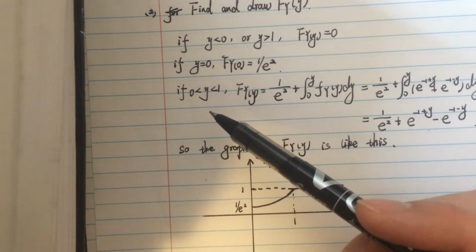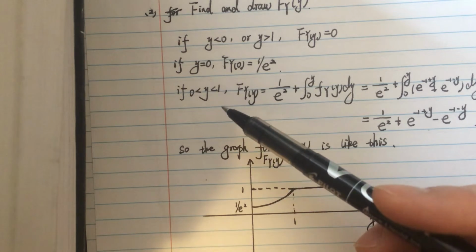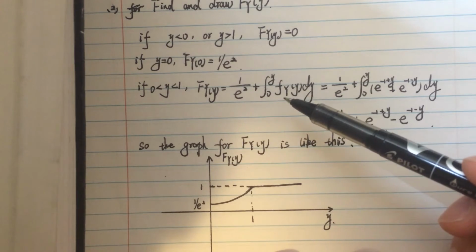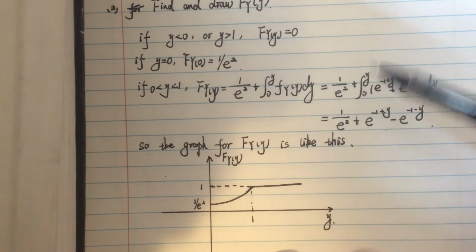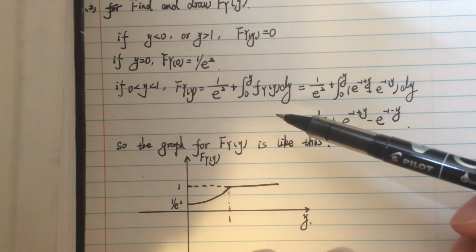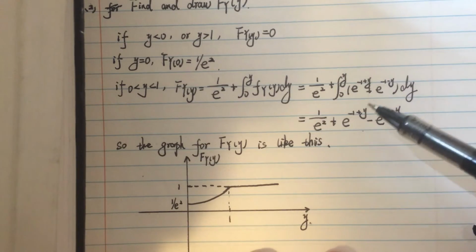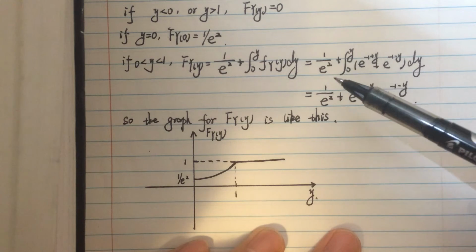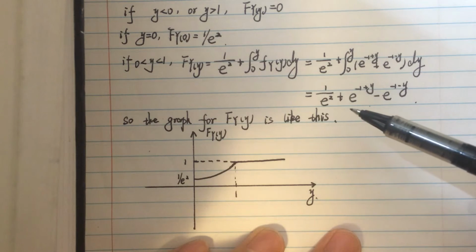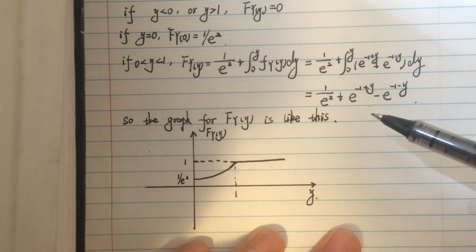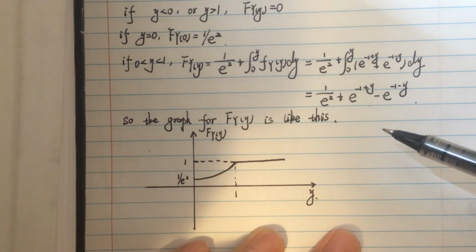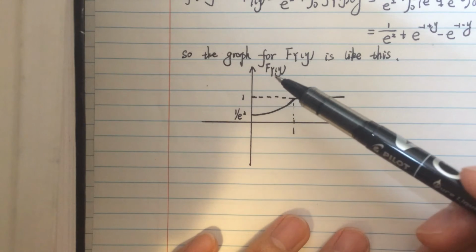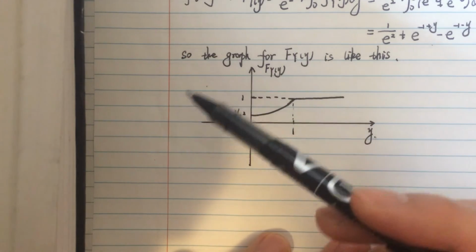And if y is larger than 0 and less than 1, F_Y will equal 1 over e squared plus this integration from 0 to y, and then the final result is 1 over e squared plus e^(-1+y) minus e^(-1-y). And then finally the graph for F_Y is like this.